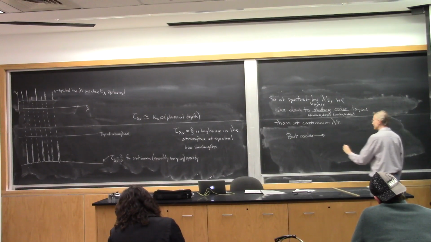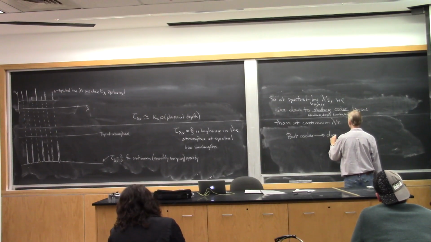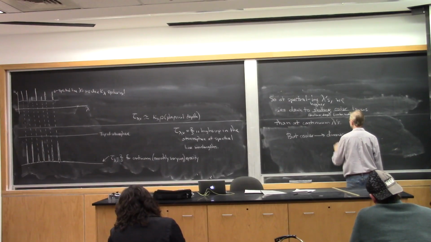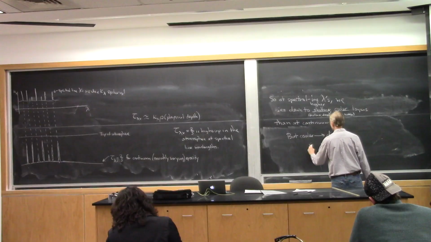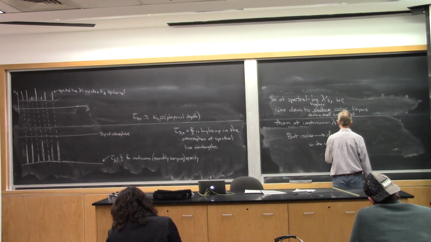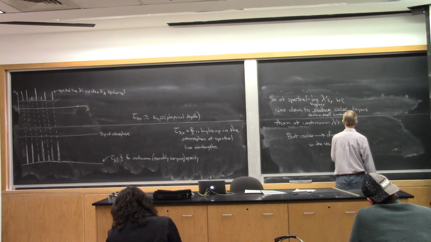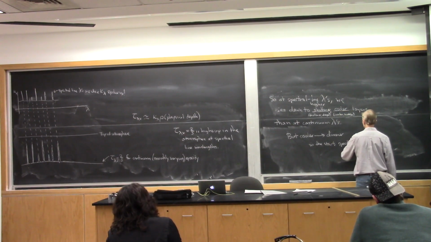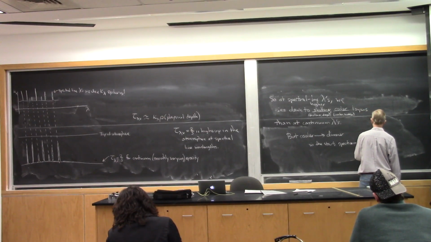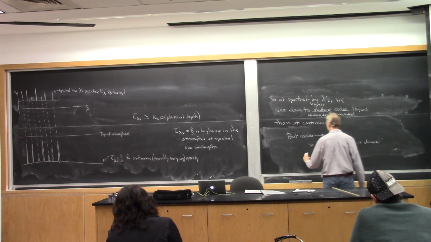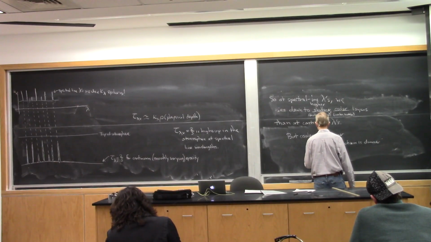Cooler means dimmer. So the star's spectrum is dimmer at spectral line wavelengths.